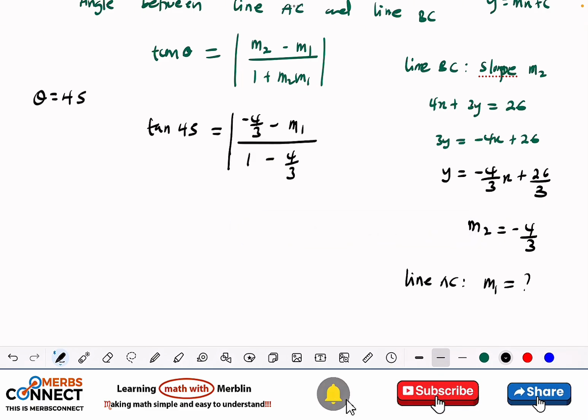Good. Now all we need to do is figure out M1 by solving this and checking what we get for M1. And then the game starts. But the question is, what is tan 45? What is tan 45?